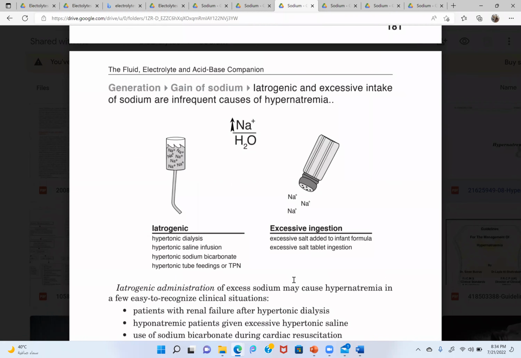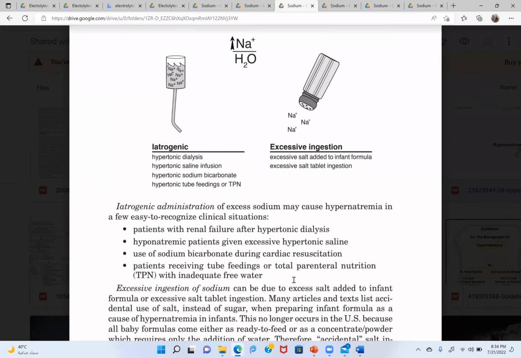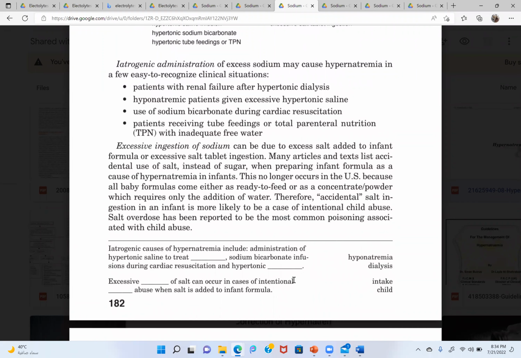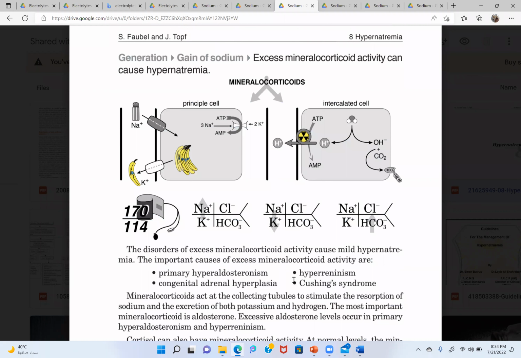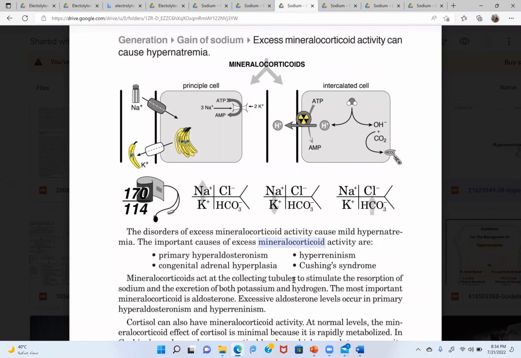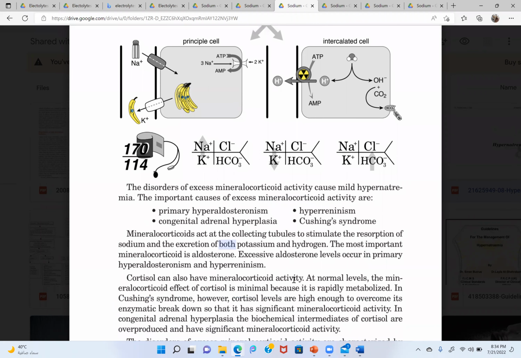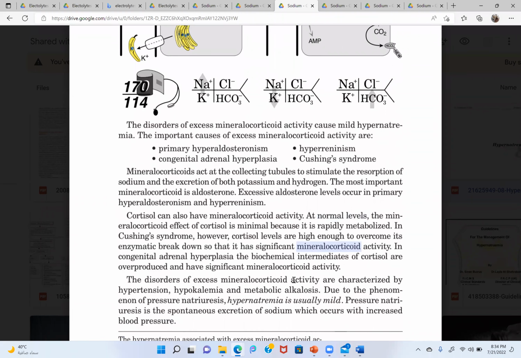Gain of sodium can be iatrogenic, from excessive ingestion, or iatrogenic with renal failure after hypertonic dialysis. These are the same points, just to understand. Another way they explain it is mineralocorticoid activity, causing more sodium and water to be absorbed: primary aldosteronism, congenital adrenal hyperplasia, hyperaldosteronism.